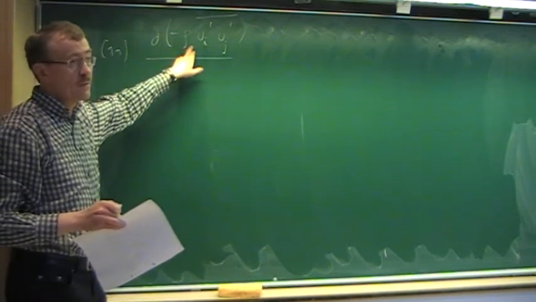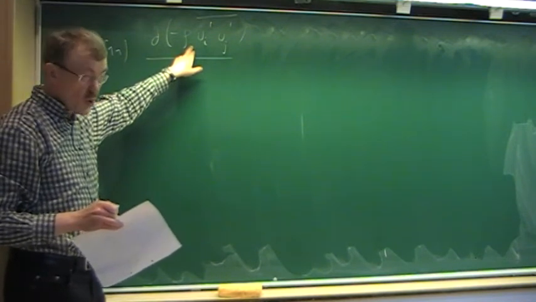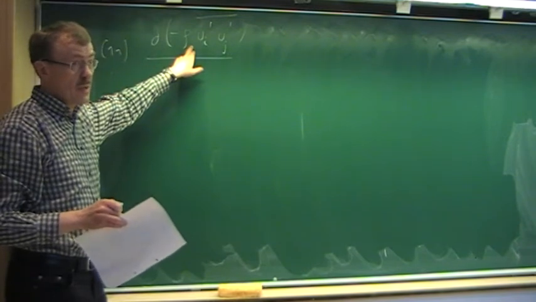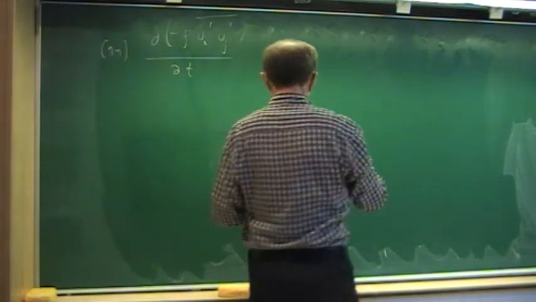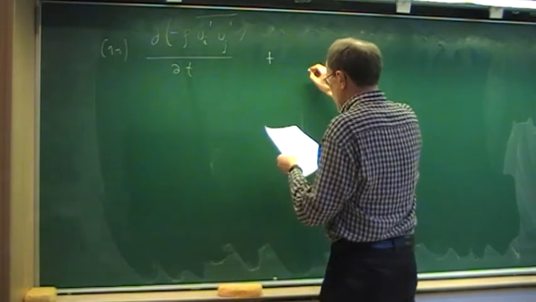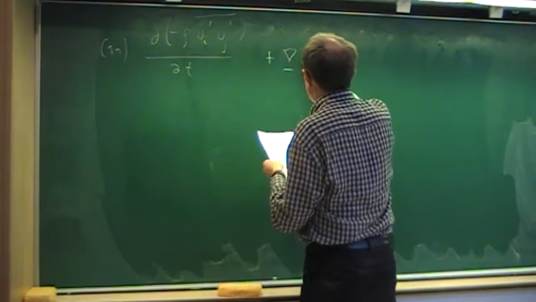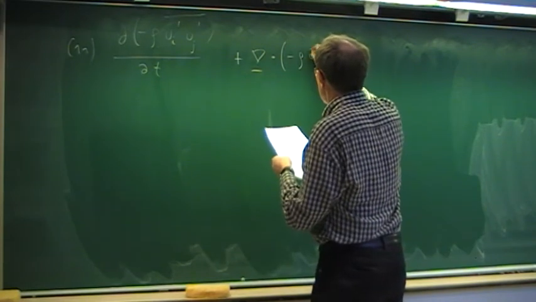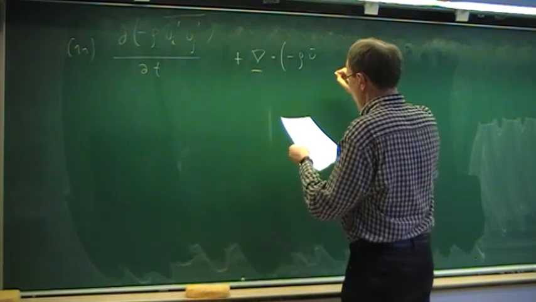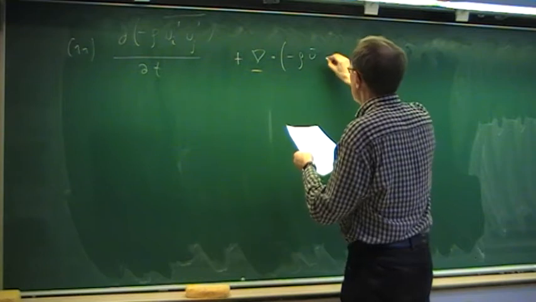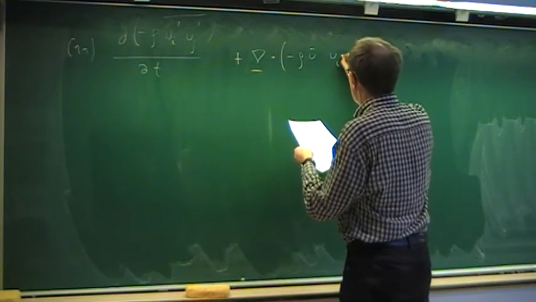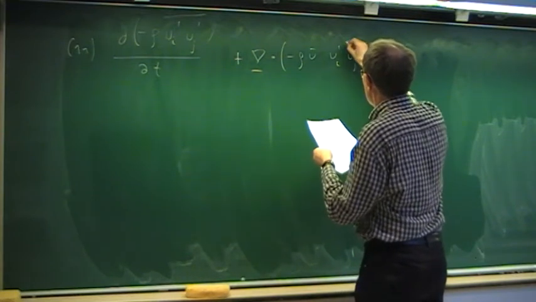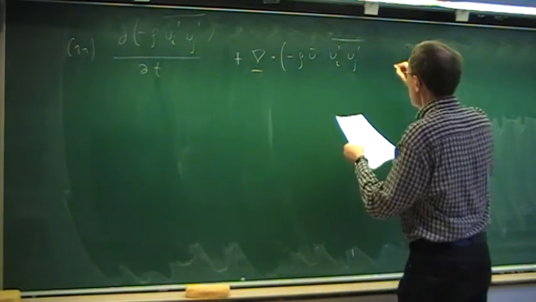So we get a transport equation for each component of the Reynolds stress tensor. Then we get here the divergence of minus rho u, and we get u_i' u_j' mean.